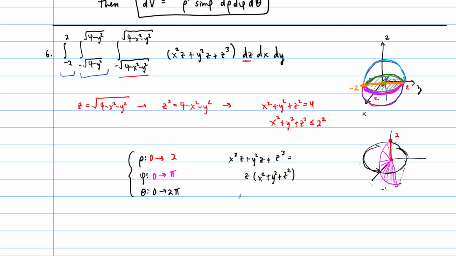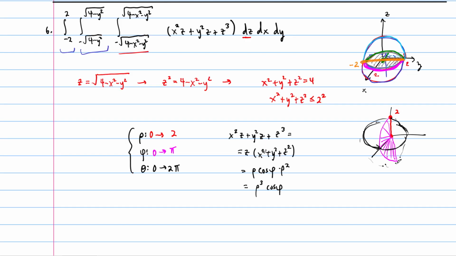Factor z out of everything. And then we notice that this z is rho cosine of phi, and x squared plus y squared plus z squared is rho squared. So the integrand itself can be written as rho cubed cosine of phi. So that's our integrand now.